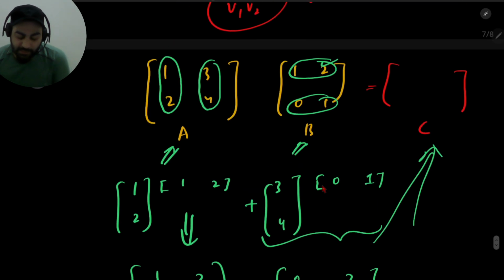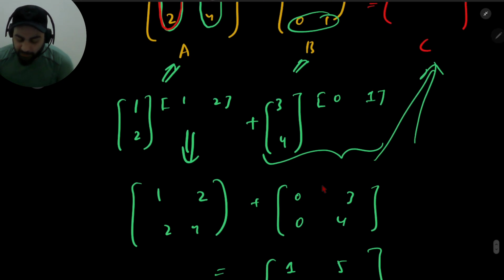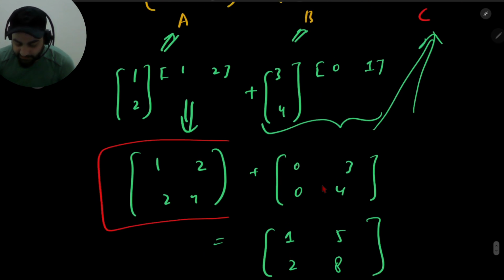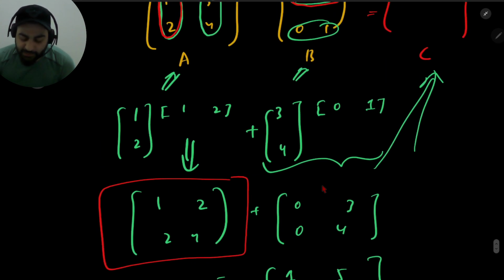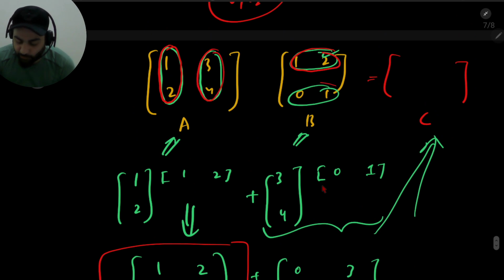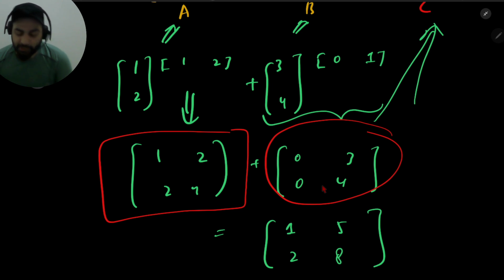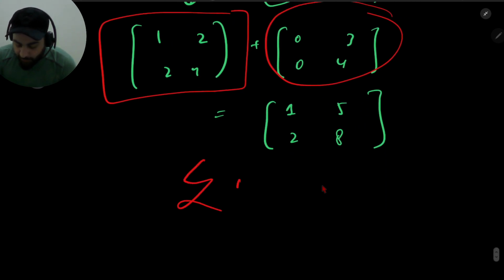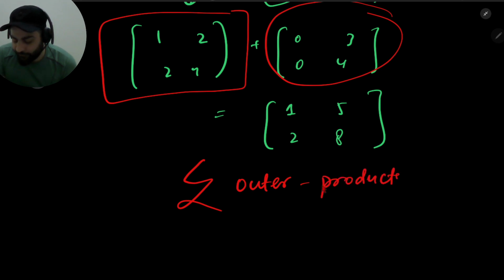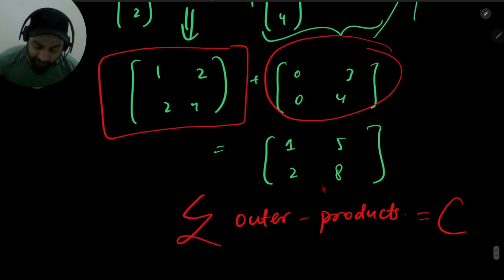The idea here is to take the column of matrix A and the row of matrix B, and you'll get a whole new matrix like this. Then you will take the second column and the second row, and you'll again get a whole matrix. This way, by the summation of outer products, I got this matrix C, I got the matrix multiplication. Do you understand this way as well?